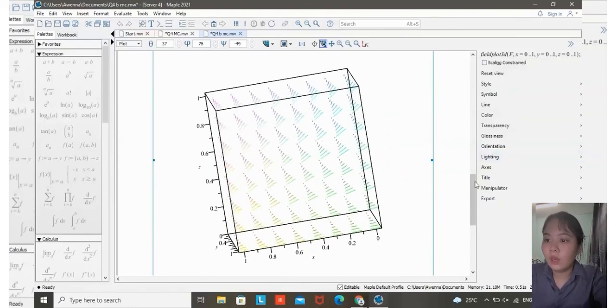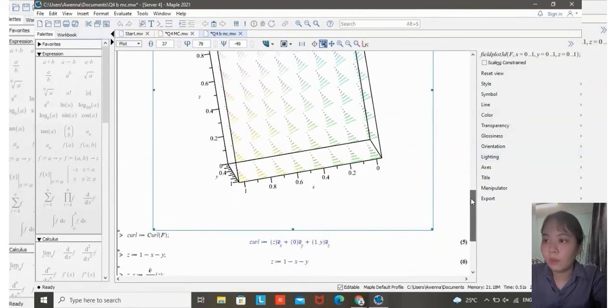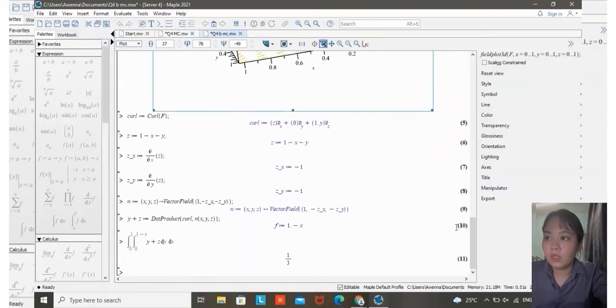We shall then move on to our calculation, where we have used the function curl f, our variable. Once we click enter, the answer will be 1z plus 0y plus 1 times y, which is the exact answer that I got in my manual calculation.